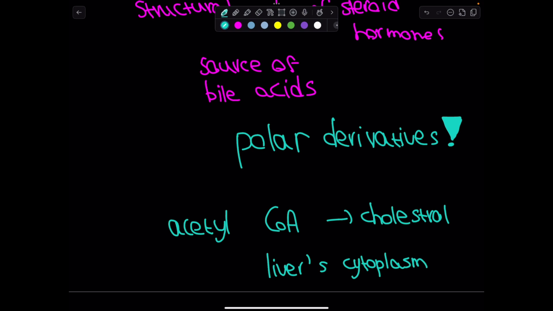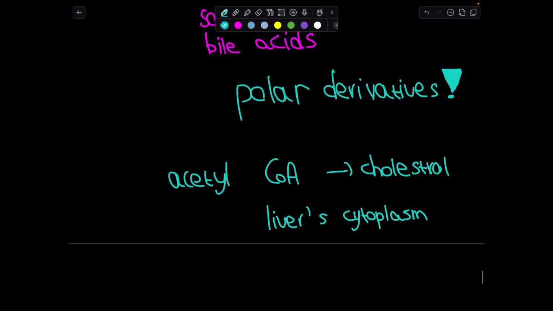Formation of HMG-CoA. 2 acetyl-CoA molecules, each with 2 carbons, combine to form acetoacetyl-CoA, catalyzed by thiolase. A third acetyl-CoA adds via HMG-CoA synthase, creating 3-hydroxy-3-methylglutaryl-CoA, HMG-CoA, a 6-carbon molecule.